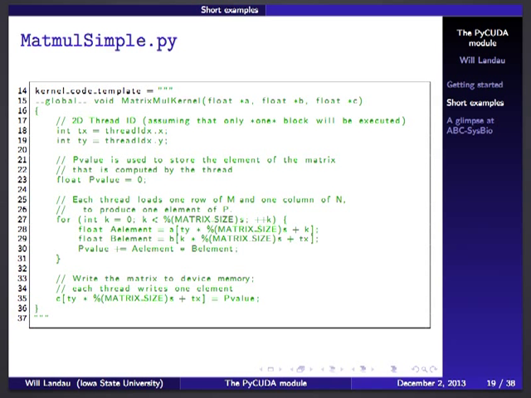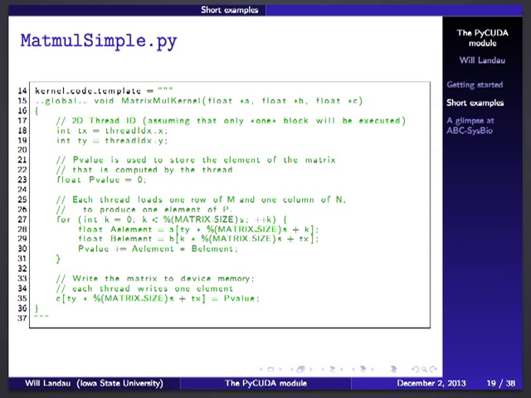So here's the kernel. This is going to multiply A and B together to get C, where all these things are matrices. And notice this time, since we're in PyCUDA, it's really easy to use threads in multiple dimensions.